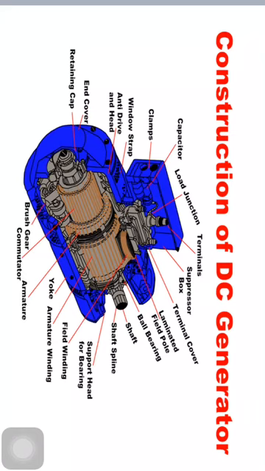Okay, next one, after capacitors, load junction. So the load junction of a DC generator consists of the two output terminal wires, negative and positive, which are installed in the terminal box to provide the load current and are used to connect the load supply on it.